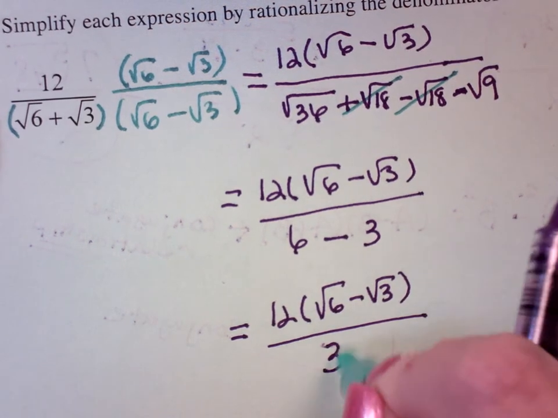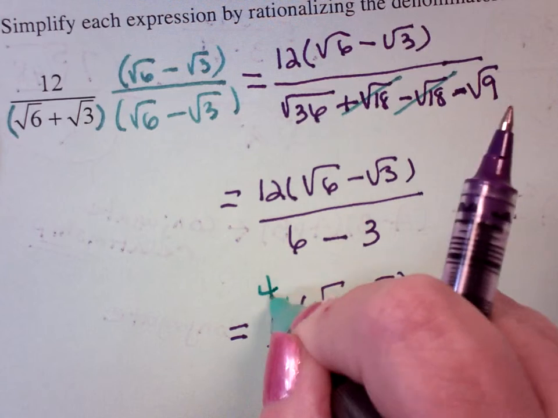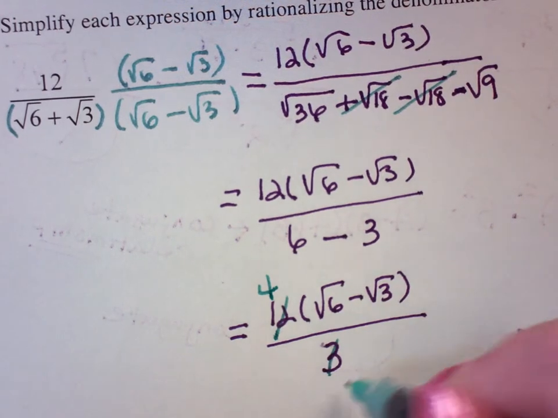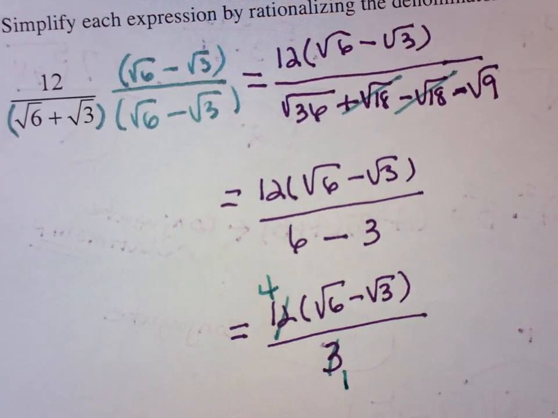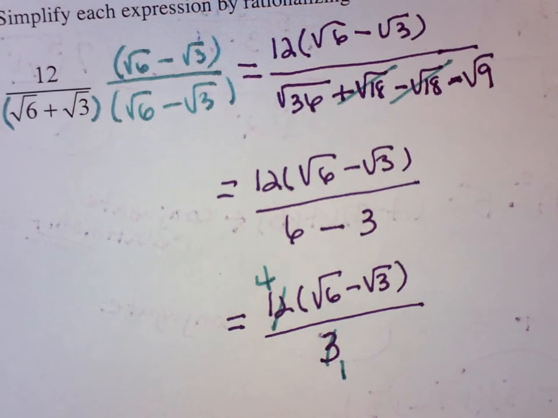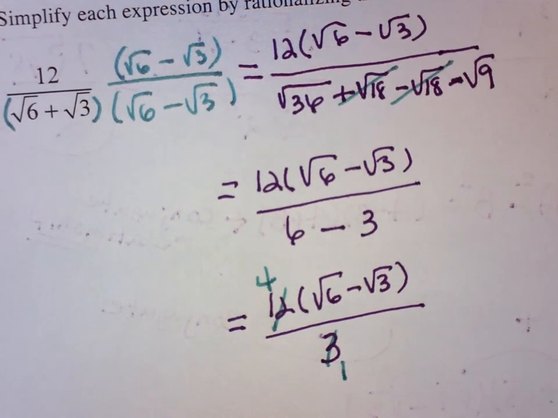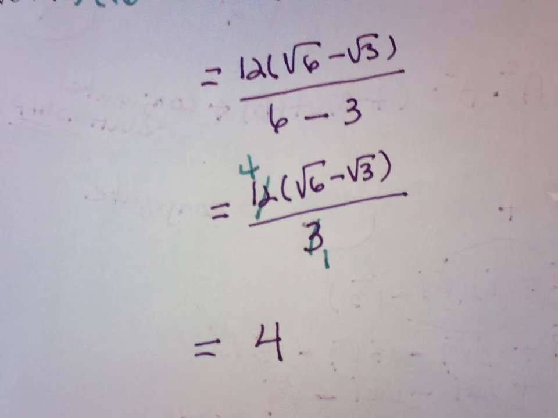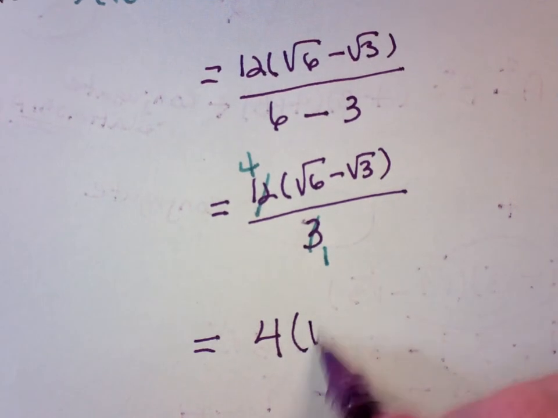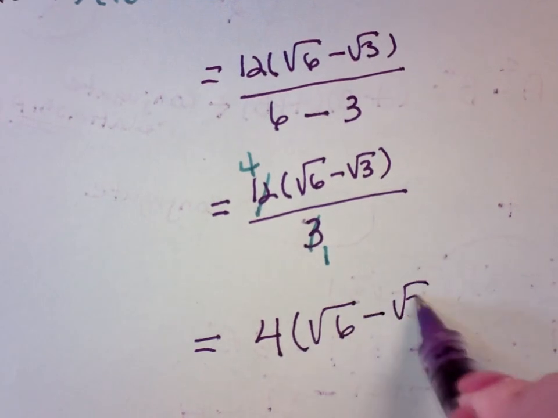Now you notice 3 divides 12 four times, and 3 divides 3 once, so it's killed the denominator altogether. So this becomes 4 times the square root of 6 minus the square root of 3.